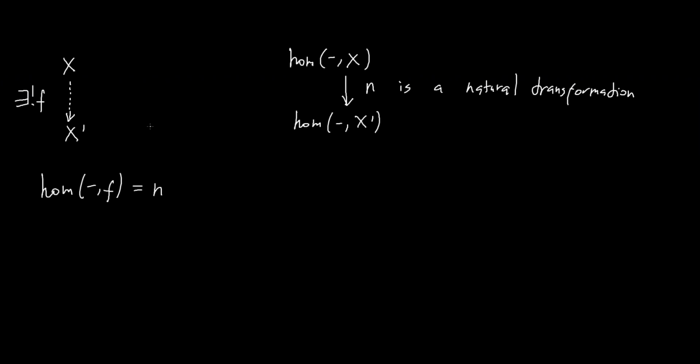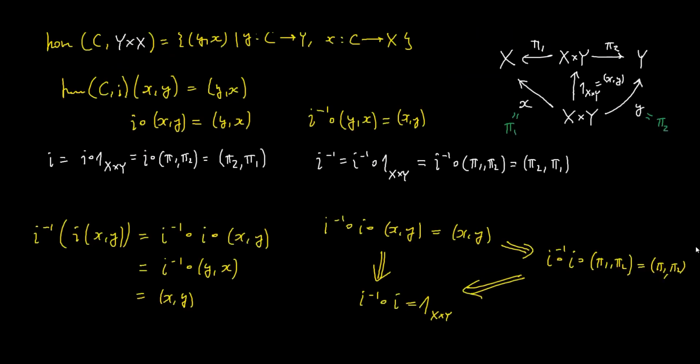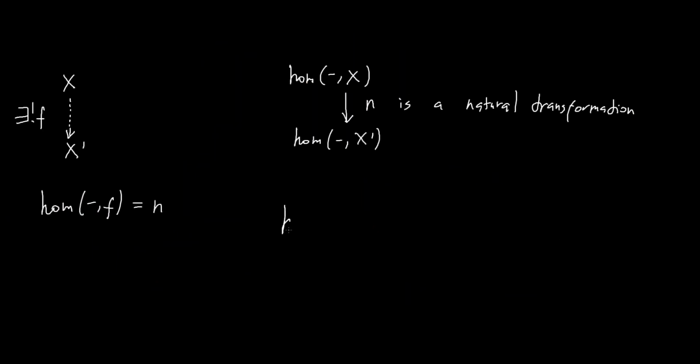How do we work out what f is? Well, we will follow a similar approach as we did here. We will first write down what f should do if there was such a thing. So if hom dash f was indeed n, then for each object c, hom c f of x would be what?